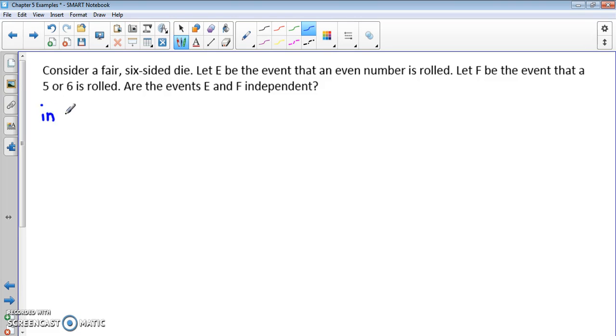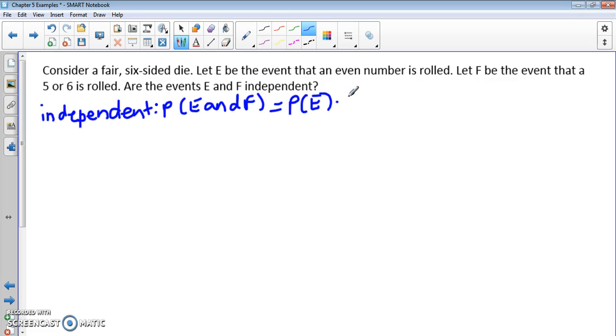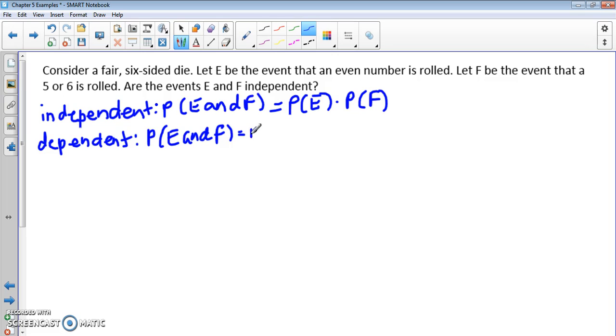So if the events are independent, then the probability of E and F is equal to the probability of E times the probability of F. And if the events are dependent, then the probability of E and F is equal to the probability of E times the probability of F given E.